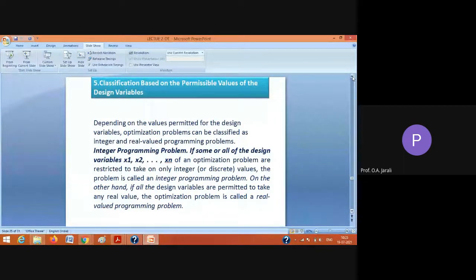Integer means positive non-zero elements. So integer programming problem: if some or all of the design variables x1, x2, x3 to xn of an optimization problem are restricted to take on only integer or discrete values, the problem is called integer programming problem.